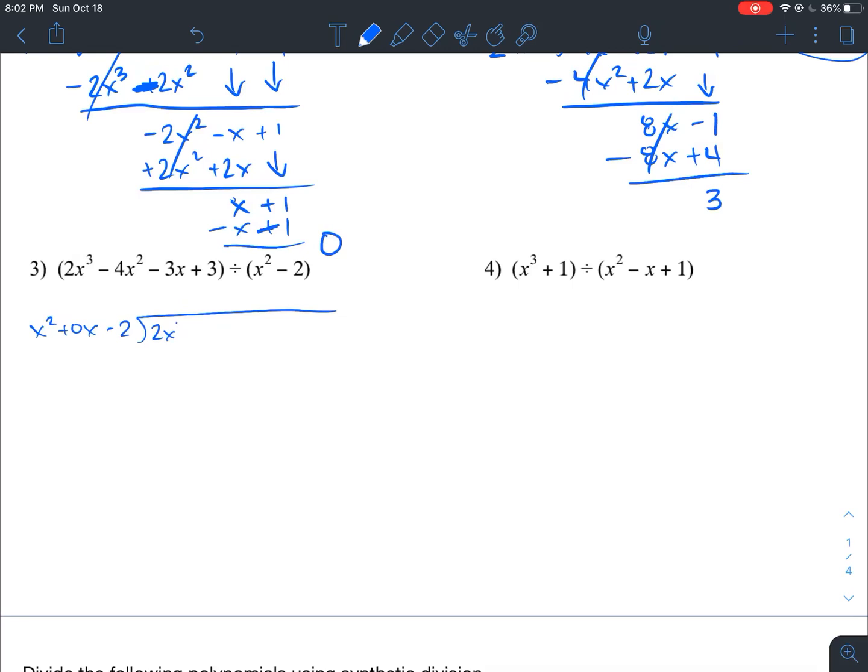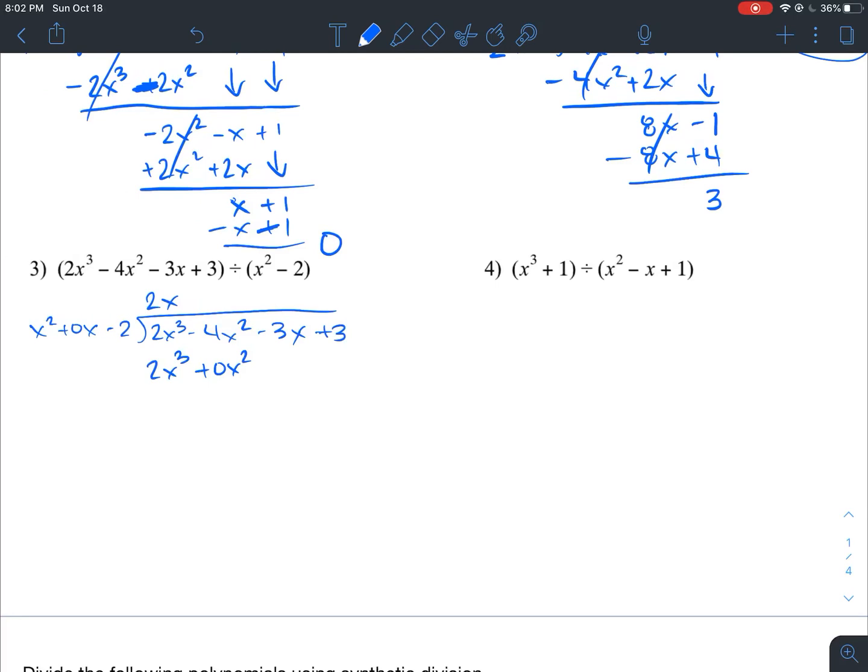Then we have 2x cubed minus 4x squared minus 3x plus 3. Okay, what number do we need to multiply x squared by to get 2x cubed? And that would be 2x. And multiply that by each term here. So that's going to be 2x cubed, and that's going to be 0x squared, right?